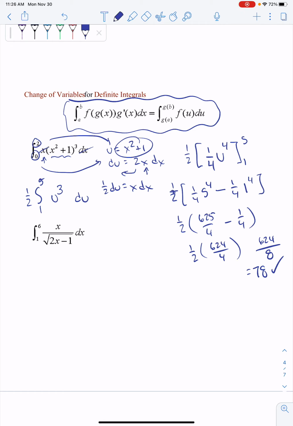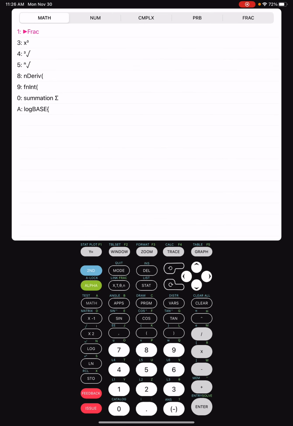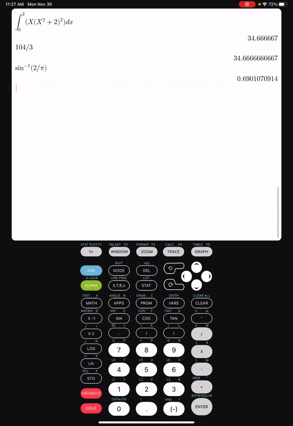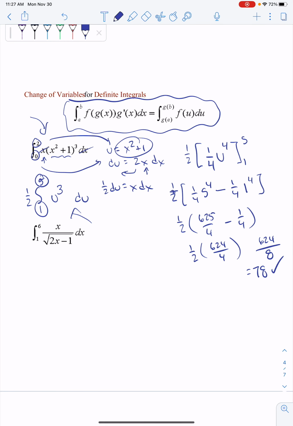Okay, I can check this just like before. I can either plug in the original function or I can plug in the u function. Either way, I can check my answer. I just have to make sure that if I use my u function, I use the correct limits of integration. So let's go to the calculator. I'm going to do my original function from 0 to 2, just in case I messed up my integration somewhere.